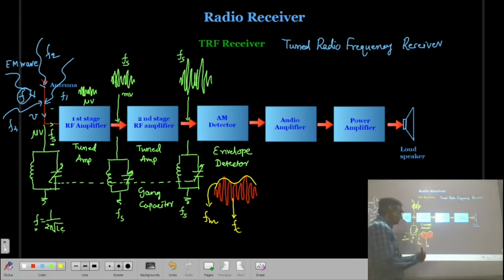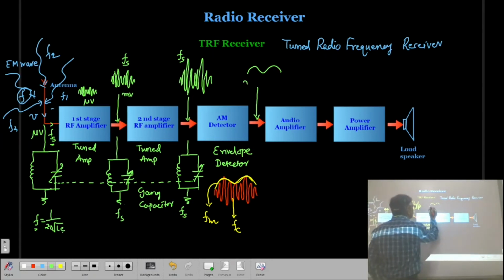We are interested only in the modulating frequency FM, that is our information. So this information is separated from the carrier through an AM detector circuit. After this envelope detector, if you see this waveform here, then you have only the information signal or modulating signal.